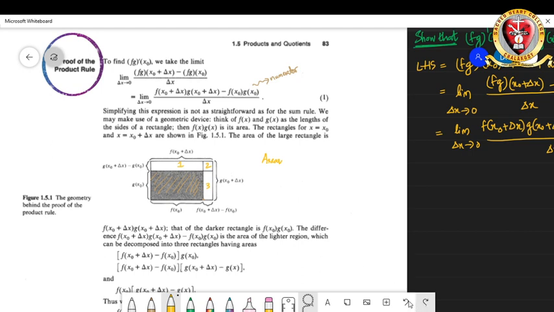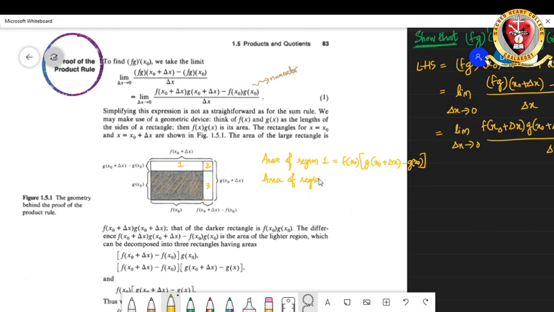Area of region 1 is equal to, how will we find this area? So till this much the length is f of x naught, and this much will be g of x naught plus delta x minus g of x naught.